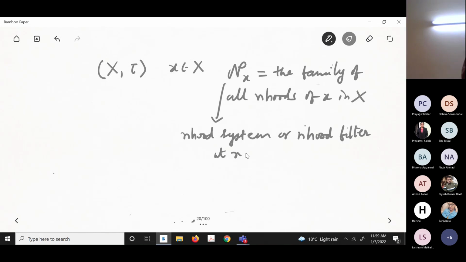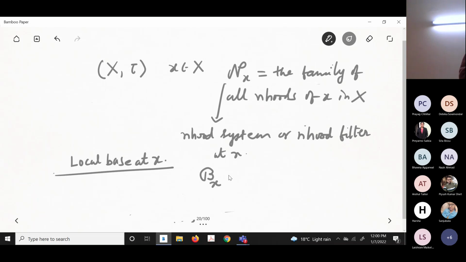Now I want to define a local base at x. Basically, it's a sub-collection of this neighborhood system from which we can recover the whole thing.